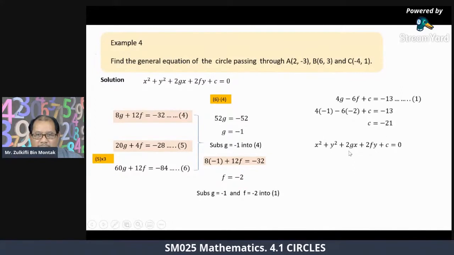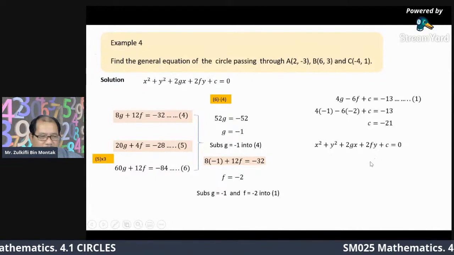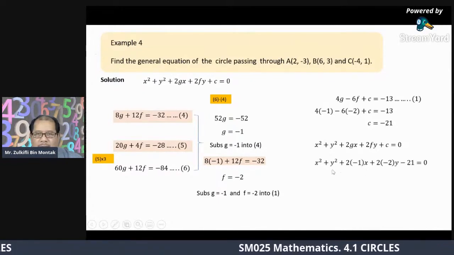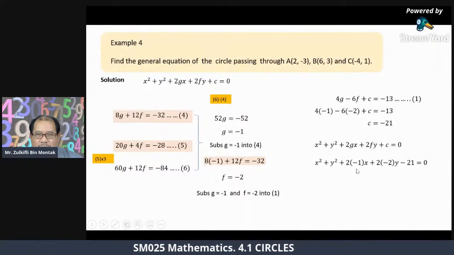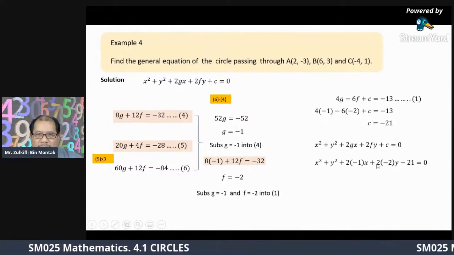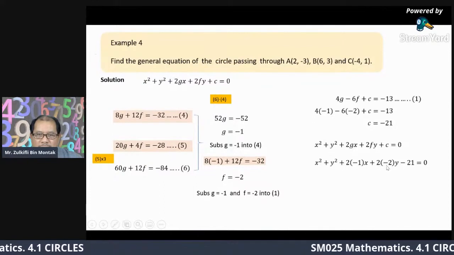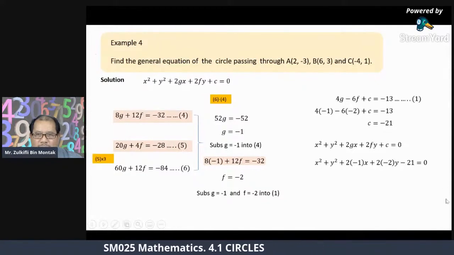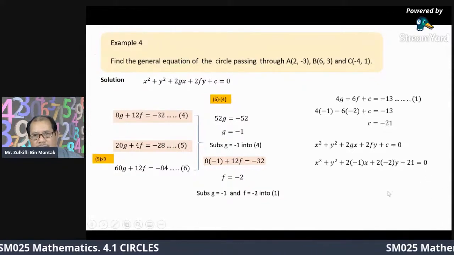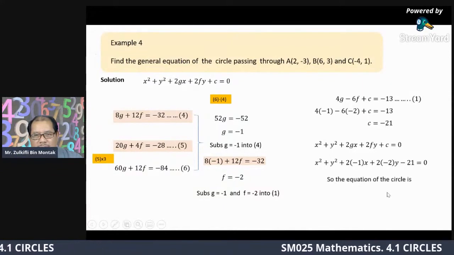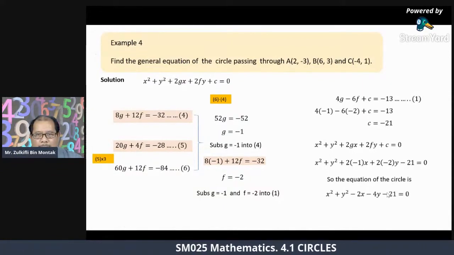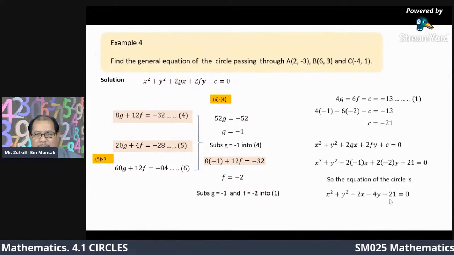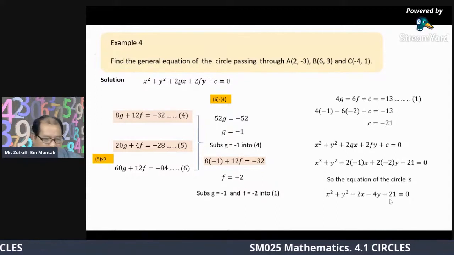Now we have value F, value G, and value C. You just plug in here. x squared plus y squared plus 2, G equal to negative 1, x plus 2, F equal to negative 2, y minus 21, C equal to negative 21, equal to 0. Now we get the answer. So the equation of the circle is x squared plus y squared minus 2x minus 4y minus 21 equal to 0.